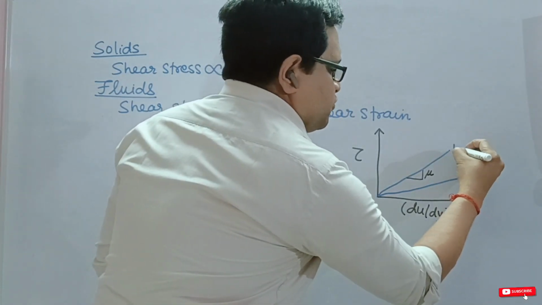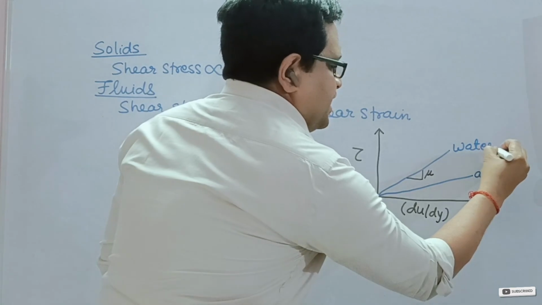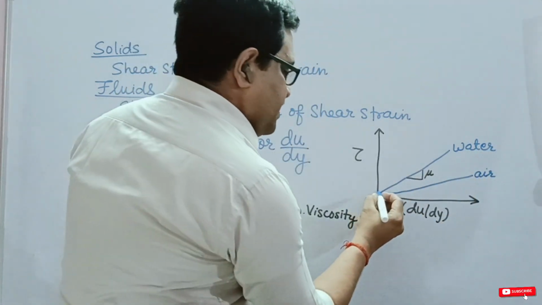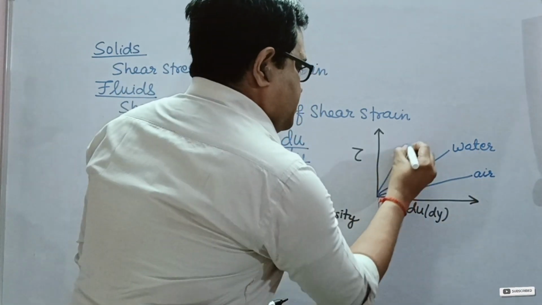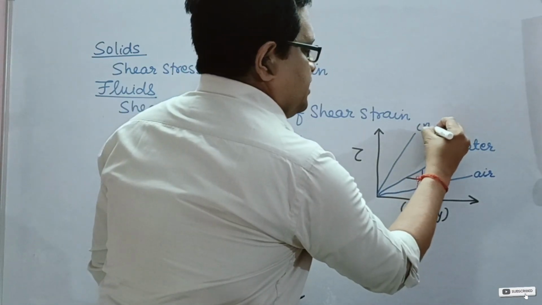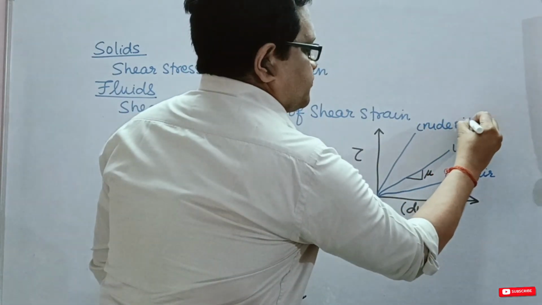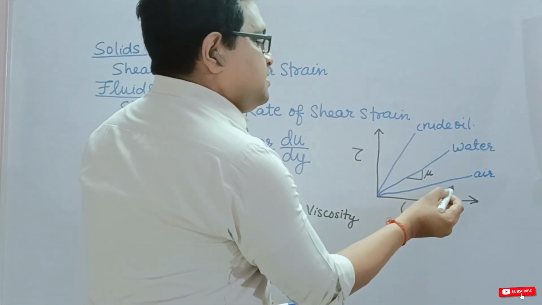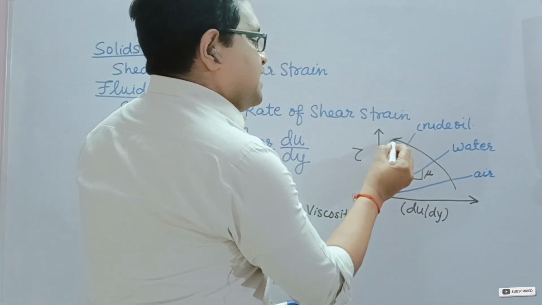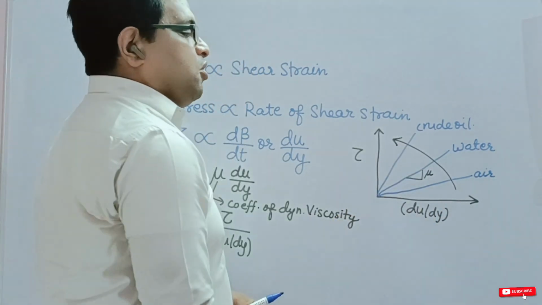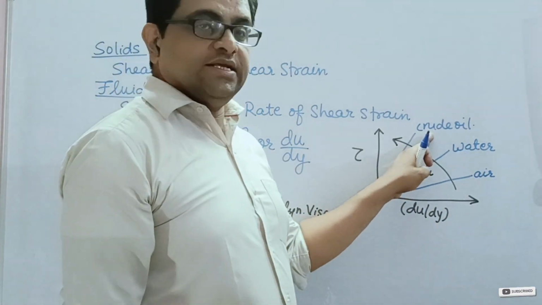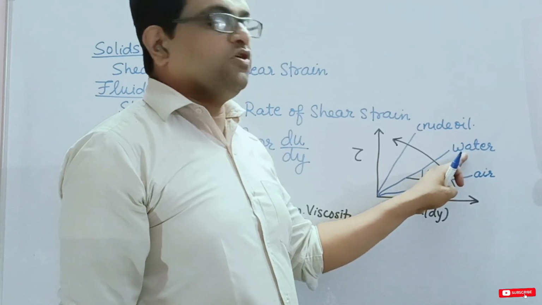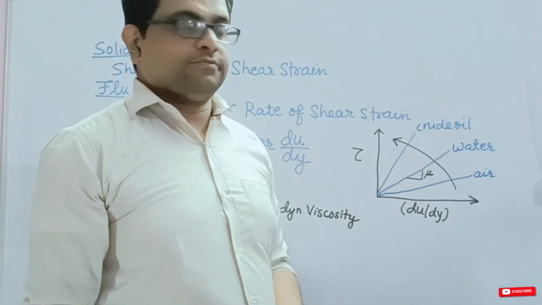Let us say that this is for water, and for more viscous fluids we will have more slope. So let us say that this is crude oil. So from this plot we can conclude that the viscosity is increasing like this as the slope is increasing, or the viscosity of crude oil is greater than that of water and the viscosity of water is greater than that of air.